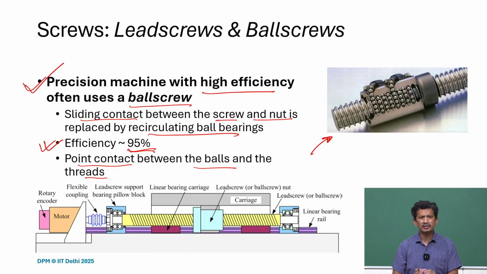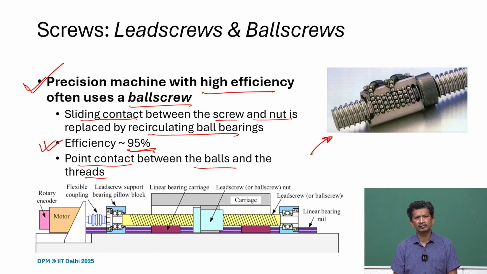These days, very often in mechatronics applications, in robotics applications, and even in precision applications, you see the ball screw used together with rotary motors.